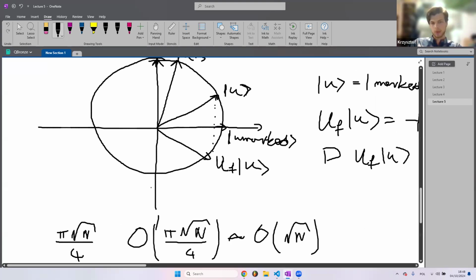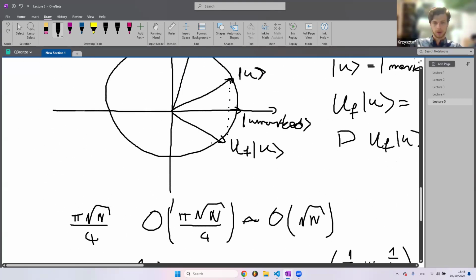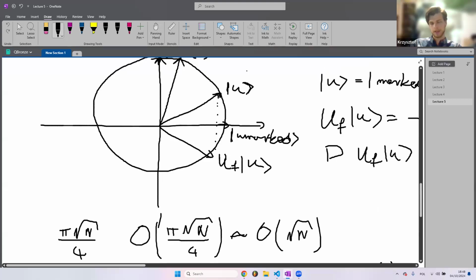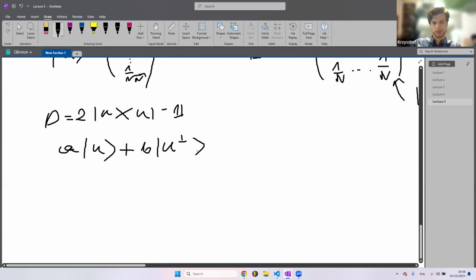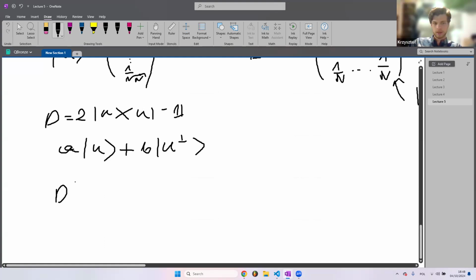So we change our basis states. They are no longer marked and unmarked, but the basis states are U and U perpendicular. So now let's calculate the effect of D on this arbitrary state.